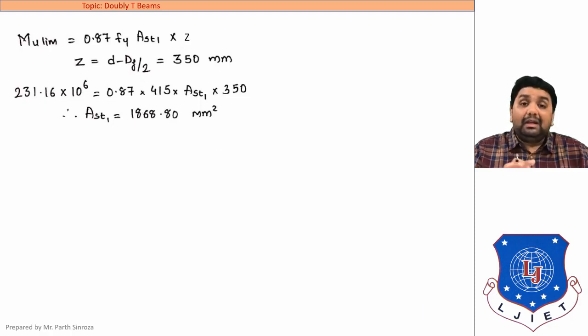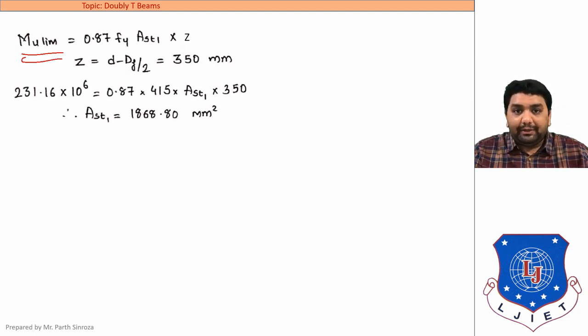But again, this equation can be applied only if the rectangular cross section is given. Again, these equations can be applied only if rectangular cross sections are given. In this case, the cross section is T, therefore we can't use this equation of pt, so we will be using the equation of Mu lim to find our Ast1. Mu lim we have already calculated.